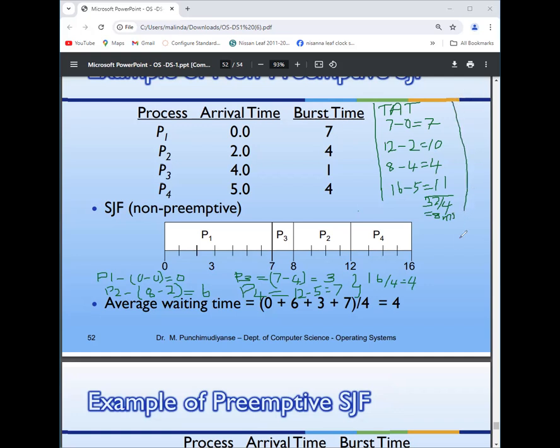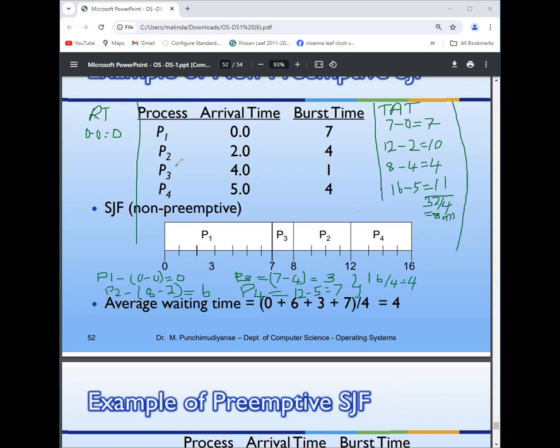So then we'll calculate the response time. For the P1, the definition is from arrival to the queue until you get the first CPU. So P1 arrived to the queue at time 0, got its first CPU at time 0. So for the P1, response time is 0 minus 0, which is 0.